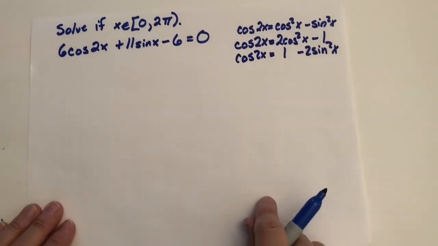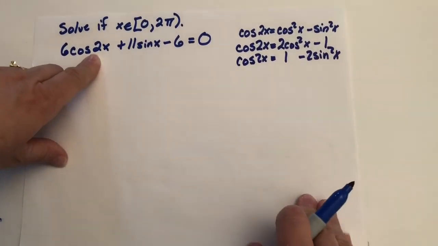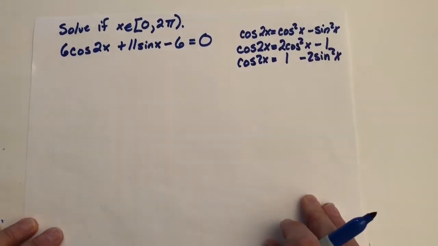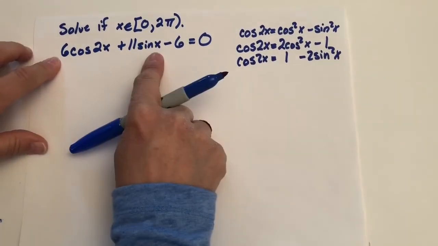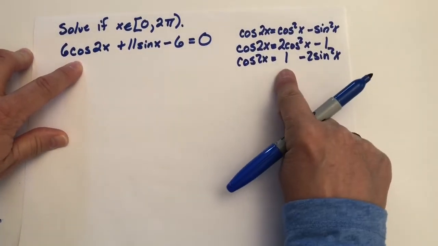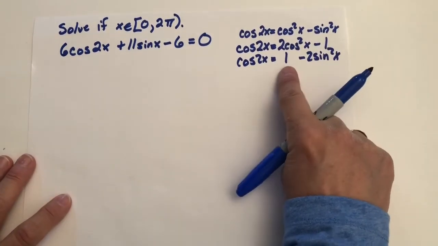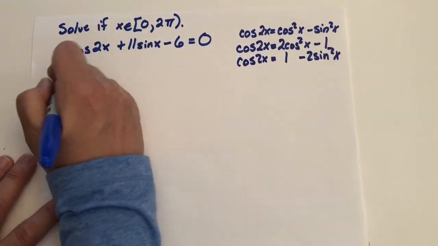So anytime I see the cosine of the double angle, I'm considering whether making a substitution with one of these would be appropriate. And certainly with this equation, I see this sine x here. I'm looking at this as my substitution. So I'm going to replace this cosine of 2x with this equation right here.